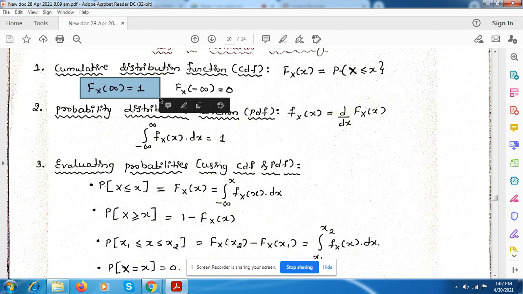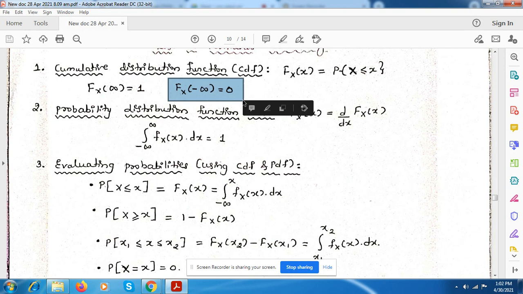And here that is F x of infinity. If x is equal to infinity, then we have F x of infinity is equal to 1. Because it is the cumulative value, it will include all the probability of X less than or equal to infinity, so the CDF value will become 1 because this is the maximum value.